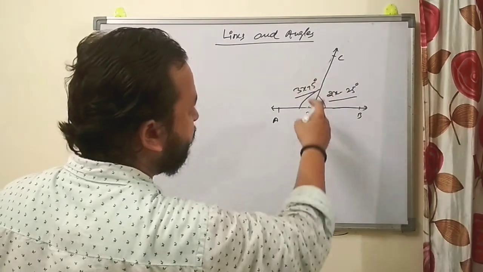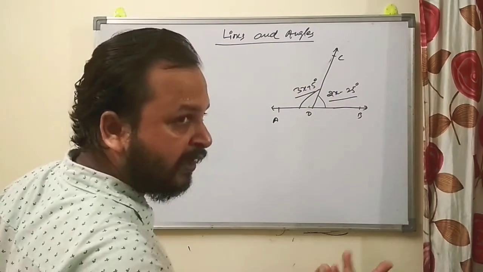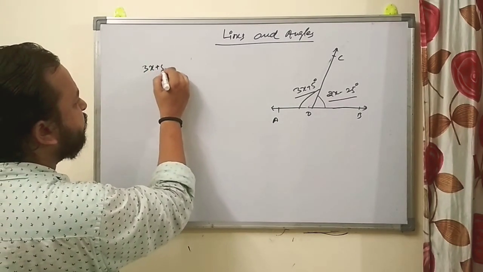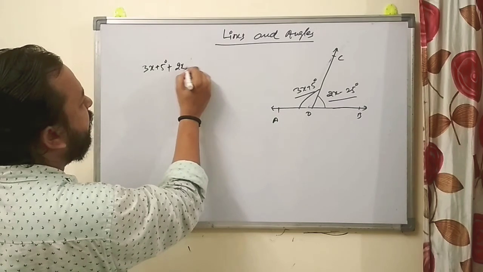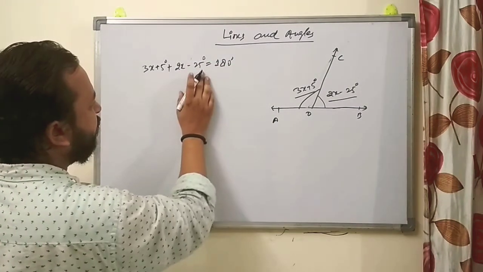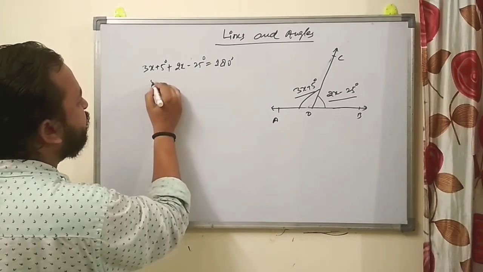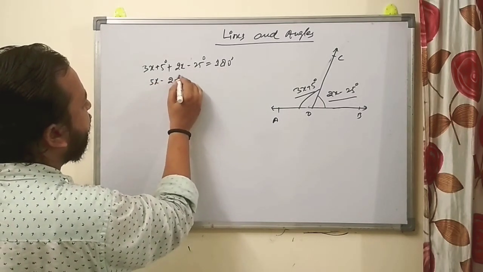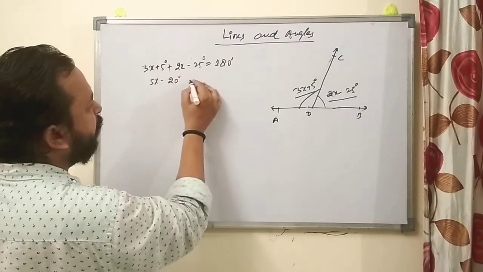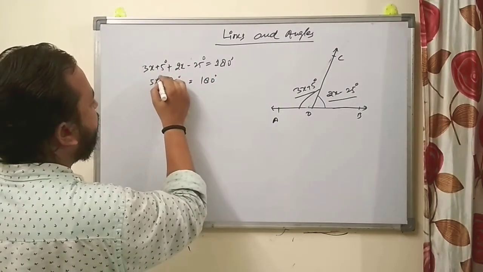So angle AOC plus angle BOC makes a 180 degree angle. So 3x plus 5 degrees plus 2x minus 25 degrees equals 180 degrees. Just solve it for x. So 5x minus 20 degrees equals 180 degrees.